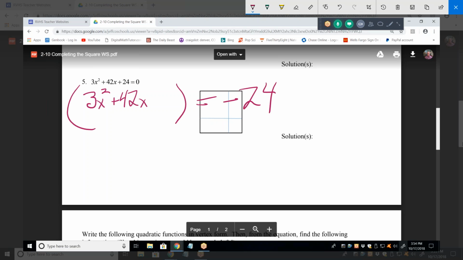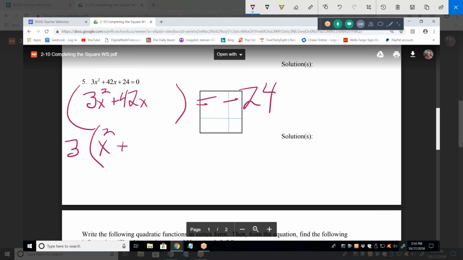Okay, you with me? Uh-huh. Now, you cannot complete the square until the coefficient of the x squared term is 1. So I have to factor that 3 out. And it could be 3/4. I'd still have to factor it out. Whatever is in front of that x squared, I have to factor out. So here I'm factoring it out.